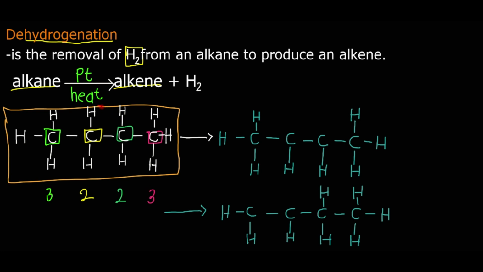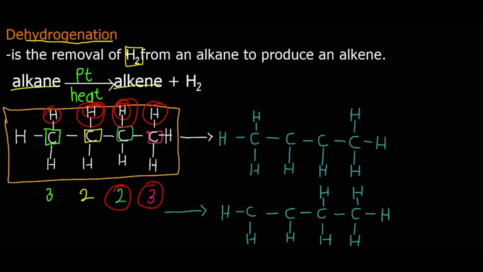This means we remove this hydrogen and this hydrogen, because these carbons have 2 and 2. If we remove this hydrogen and this hydrogen, we will be left with 3 and 2, so 3 and 2 is more than 2 and 2. If we remove these hydrogens, we remove 2 and 3.